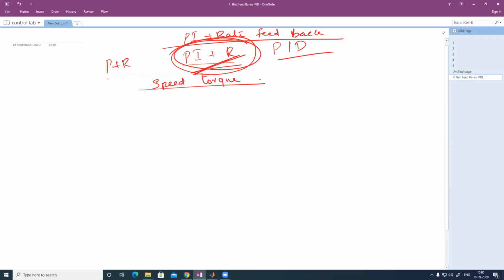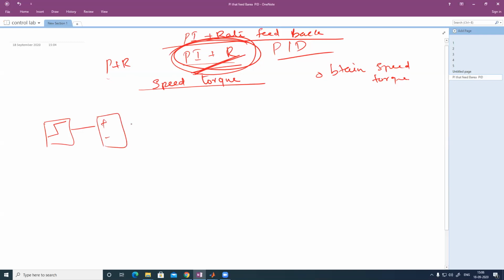So you have to obtain speed and torque. There is a slight modification from what you have done last. You have to apply a step input.